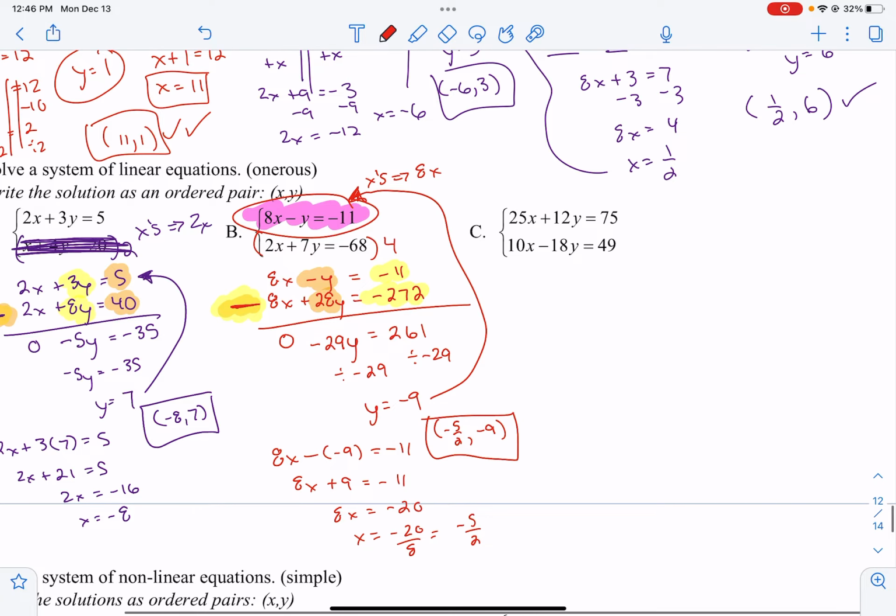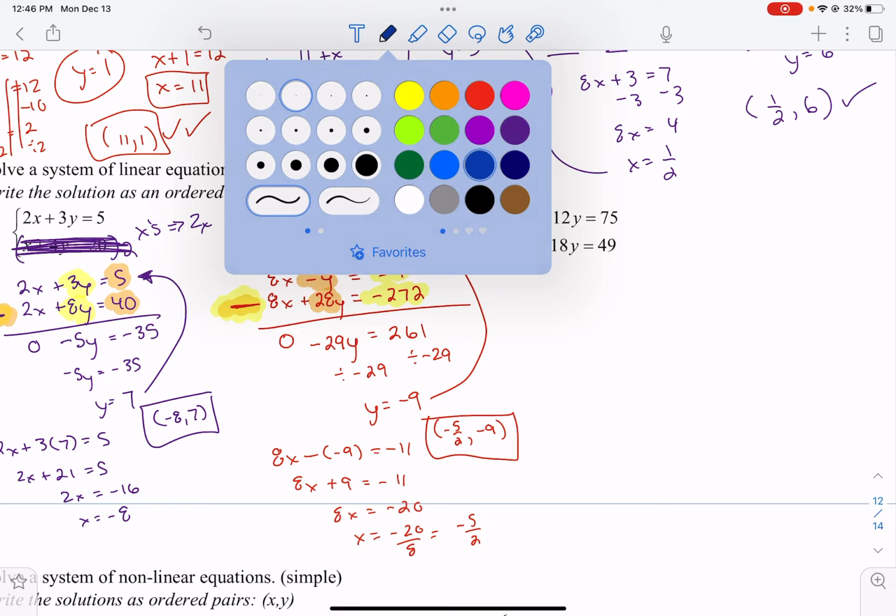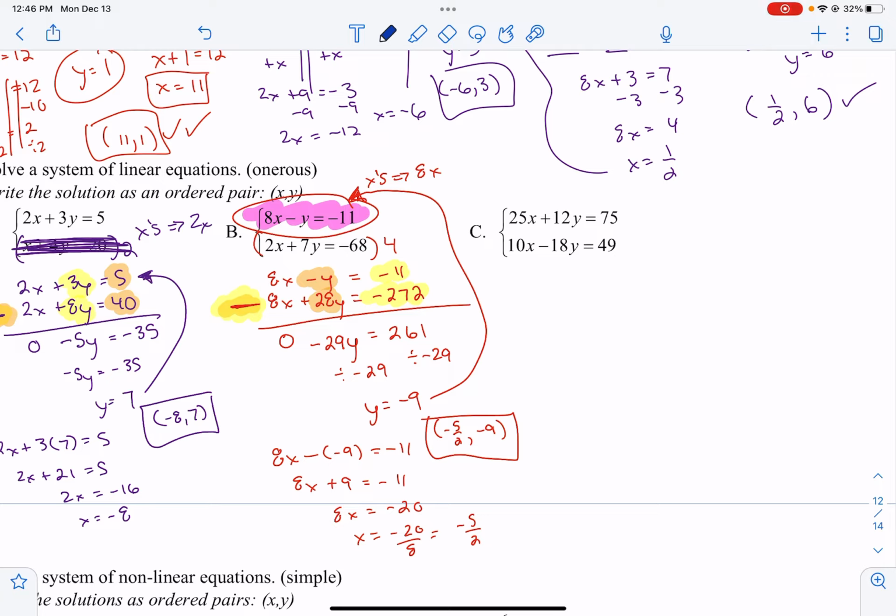Okay, part C. Let's switch colors again. 25x plus 12y and 10x minus 18y. We've got to make the x's match. So let's make my x's become 50x. So everything on top gets multiplied by 2.